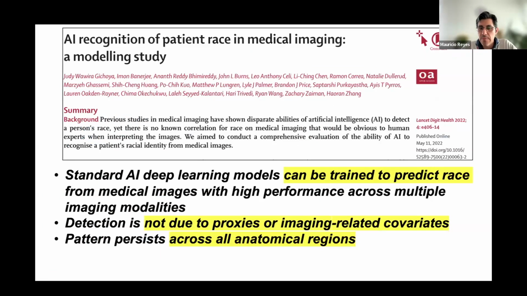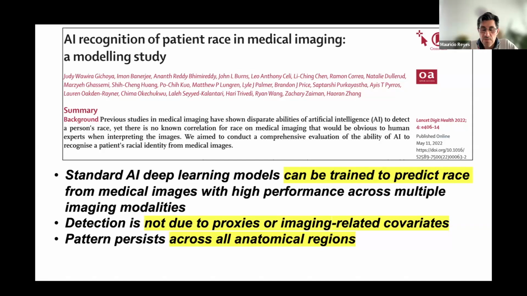This was a kind of a mini bomb in the community. This was a Lancet paper where it was shown that AI models could recognize race. These models were not explicitly trained to do that, but they had features that were able to recognize race to a good accuracy level.